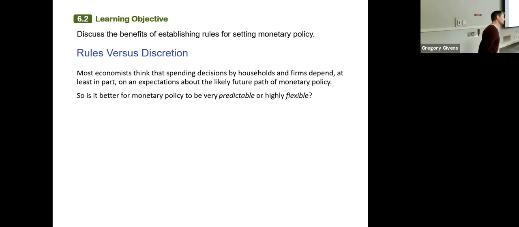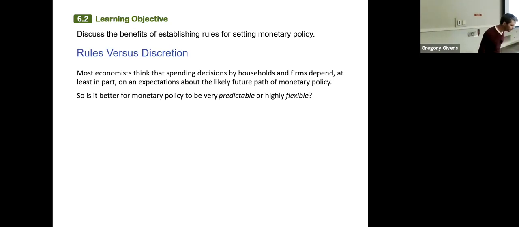This raises, hopefully you guys see, kind of an obvious or natural question, and that is: is it better for monetary policy to be set in a very predictable way that people in the private sector can actually forecast with a high degree of accuracy?